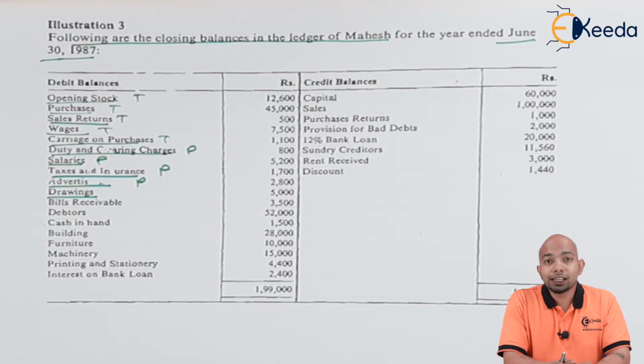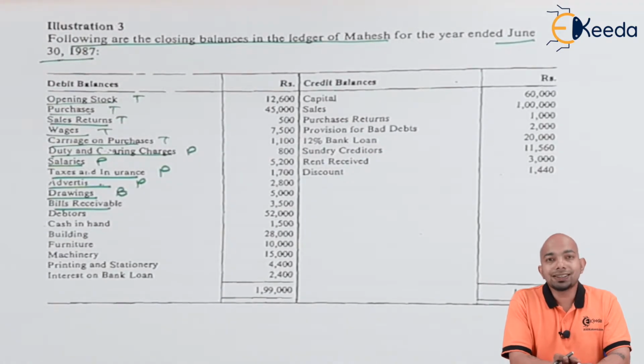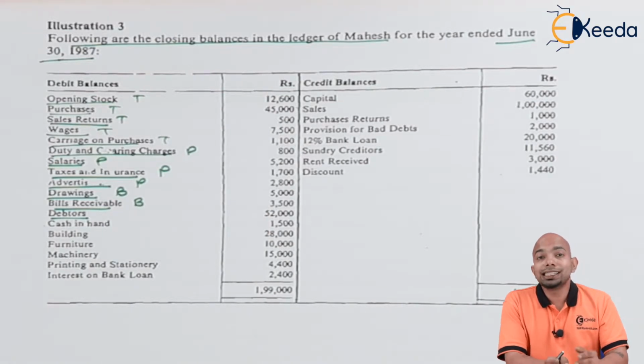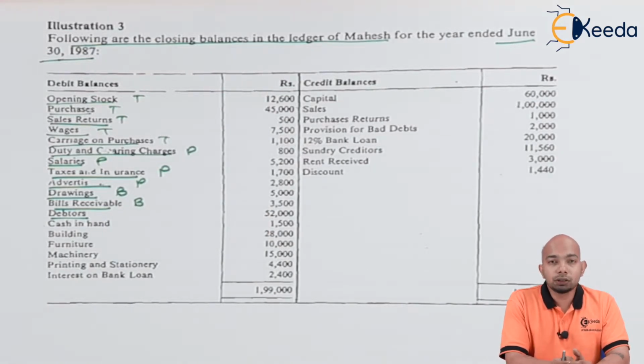Now drawings that has been mentioned in the trial balance will be a part of balance sheet and that will be subtracted from the capital. Bills receivable is an asset, hence it will be a part of the current assets category. Debtors again will be a part of balance sheet asset side, hence we'll be mentioning it under the current asset category, but make sure there are certain items where you might have certain adjustments related to this specific item.